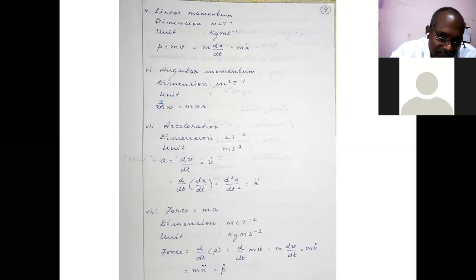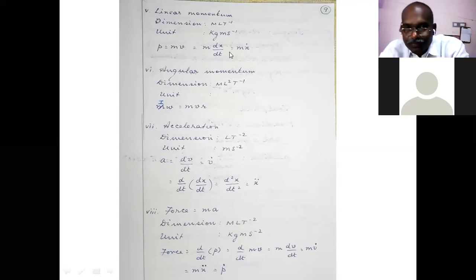If the body is not subjected to an acceleration, then that dx by dt will be a constant value. That is the velocity. Suppose I say the particle is moving at the rate of 10 meter per second. In the first second, it would have traveled 10 meter. In the second second, it would have traveled 20 meter, 30 meter, 40 meter, and so on.